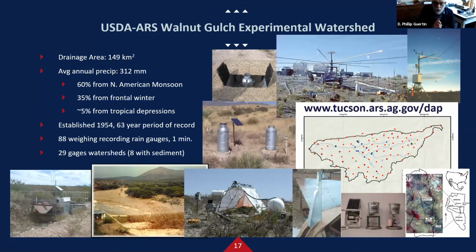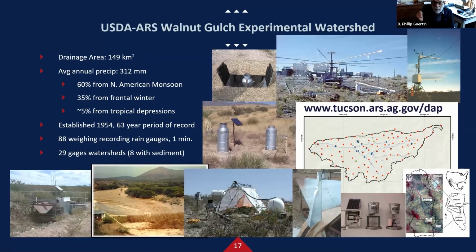So Walnut Gulch currently has 88 rain gauges. We also have 96 gauge watersheds, 8 of them with sediment. So we can understand the impact of spatial scale on rainfall runoff response.